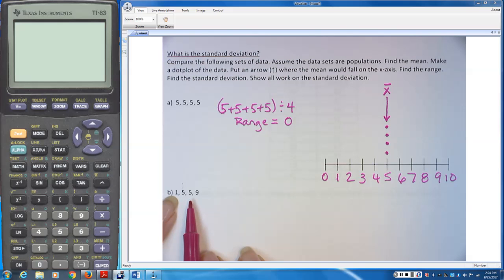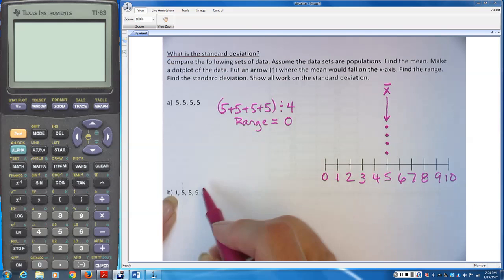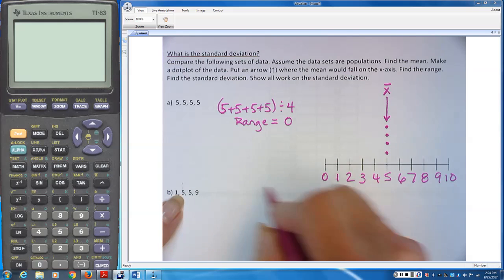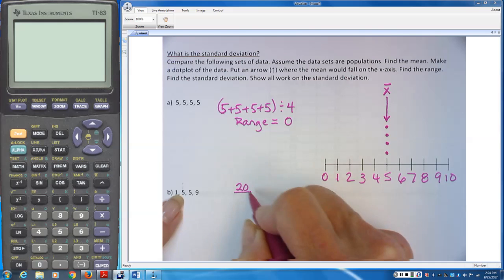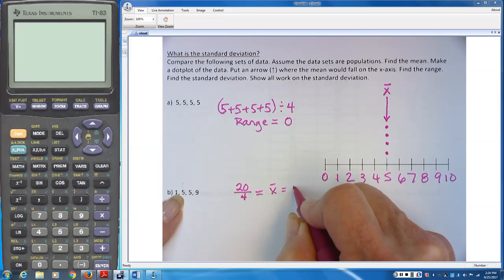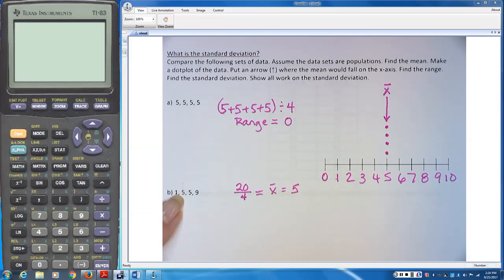Now the second set: 1, 5, 5, 9. 1 and 5 is 6, 6 and 5 is 11, 11 and 9 is 20. Over 4, the mean is still 5, agreed? Okay. 0, 1, 2, 3, 4, 5, 6, 7, 8, 9, 10.